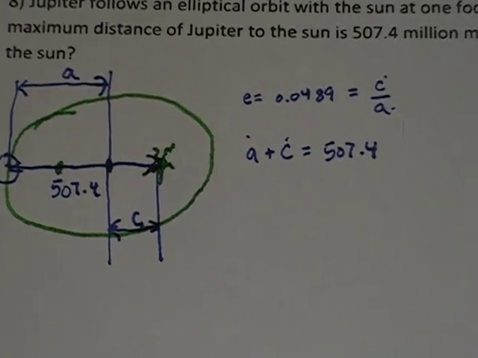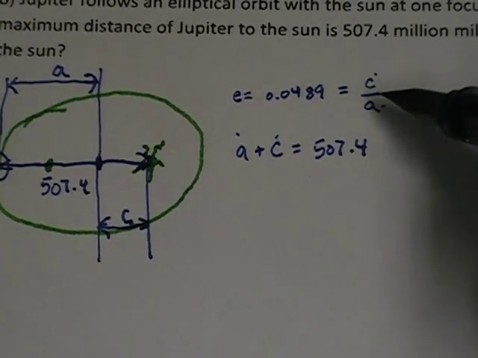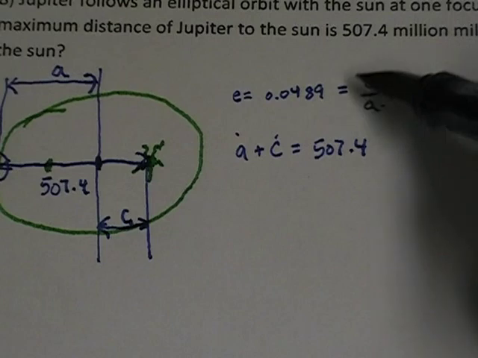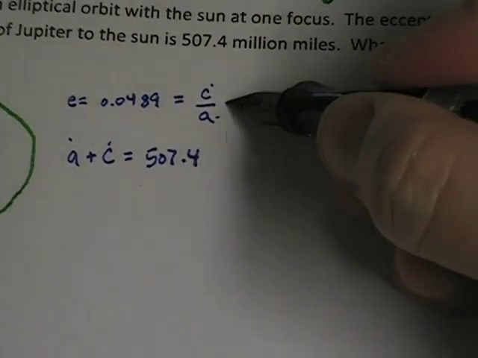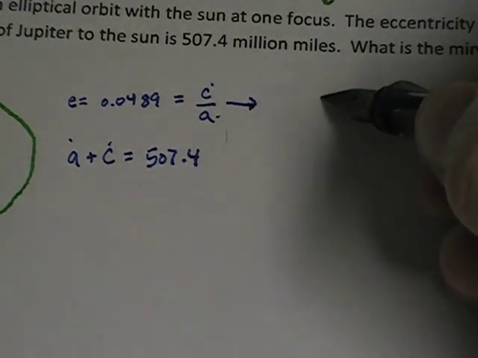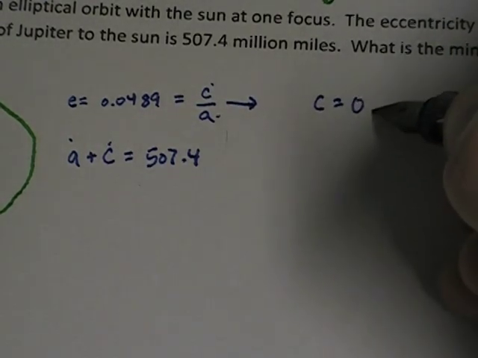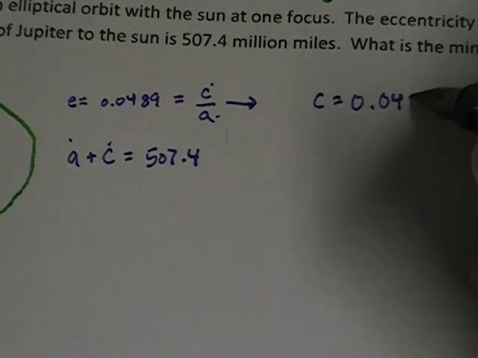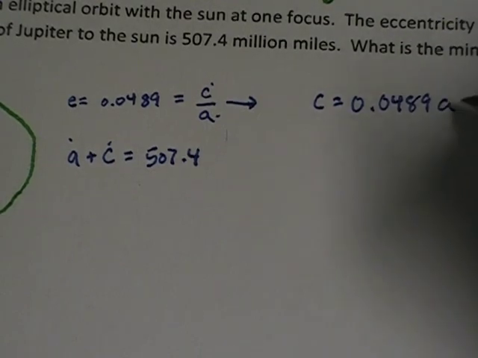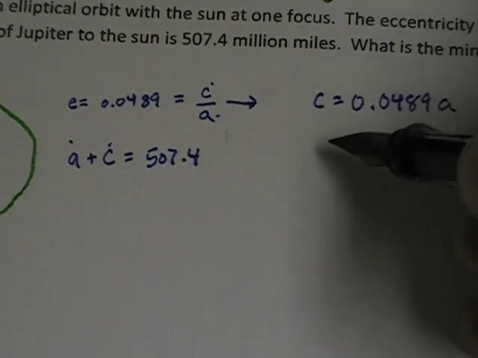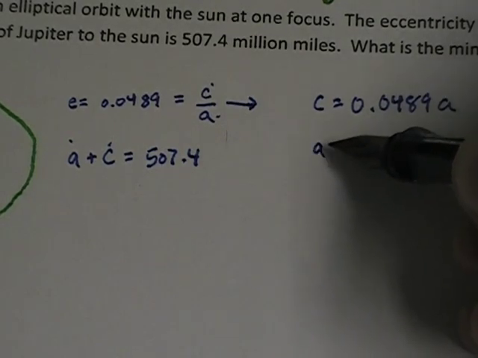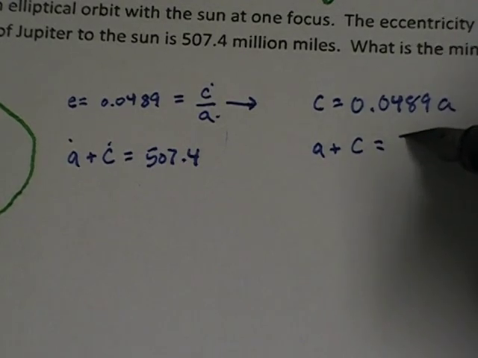Okay, so we have to solve this. Well, I'm going to go ahead and multiply by A up here. So I'm going to take this equation, I'm going to scoot over here, and I'm going to multiply by A and get C is equal to 0.0489A. Okay, so I got that. All right, and then I've got A plus C equals 507.4.